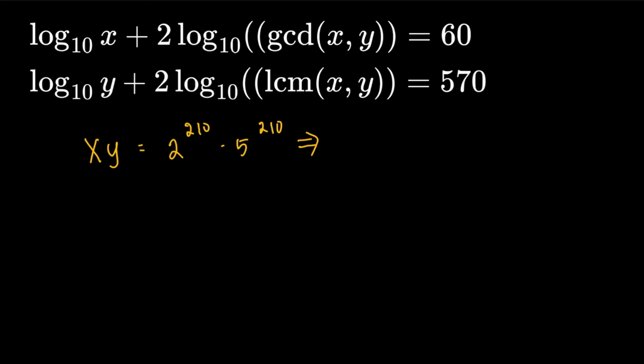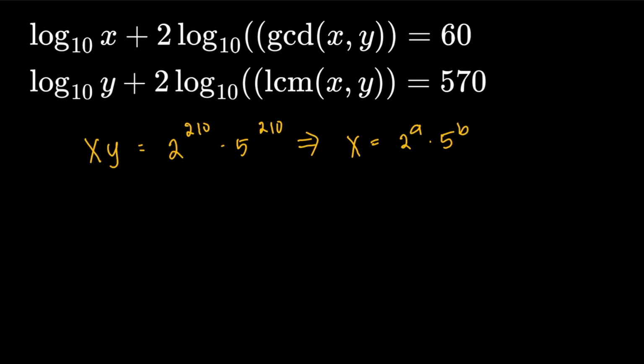Obviously x and y should also be in that format. So let's just say x is of the format 2 raised to a times 5 raised to b. We know it cannot have any other prime factors, and here I'm going to set a and b to be non-negative integers, right? So a or b can be 0, but they cannot be negative.